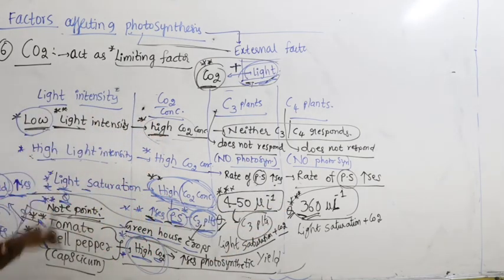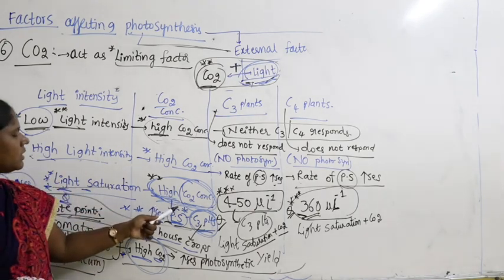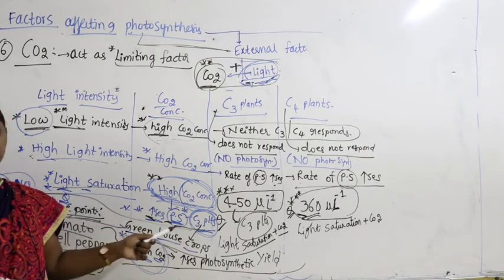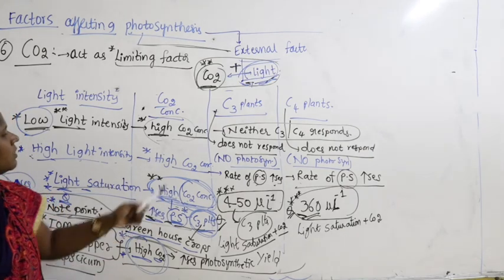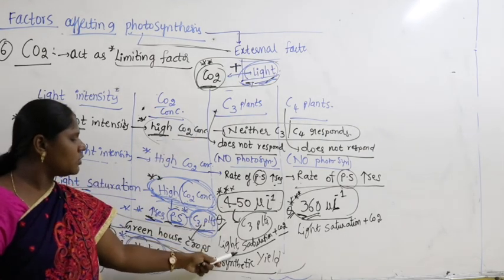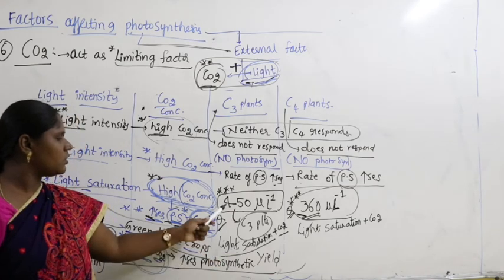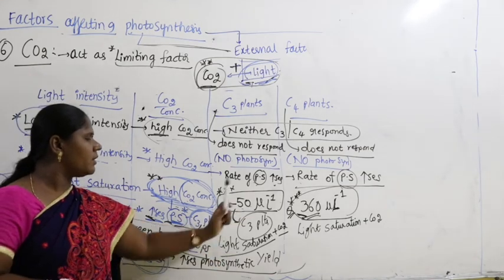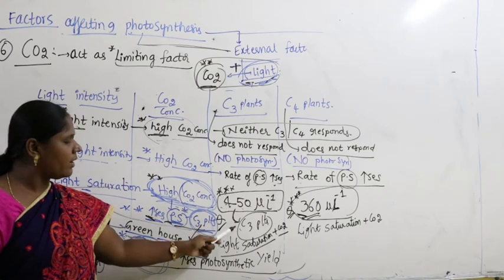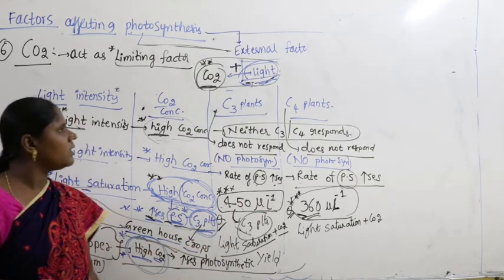Then how much light saturation, meaning how much light is needed to undergo photosynthesis when high carbon dioxide concentration is there? In C3 plants the light saturation at high carbon dioxide concentration is 450 microliter inverse, a very important value you have to remember for C3.